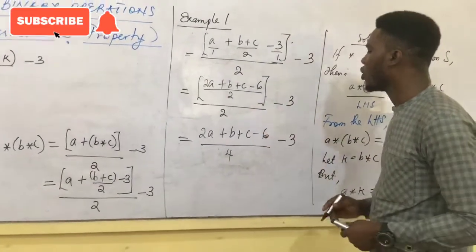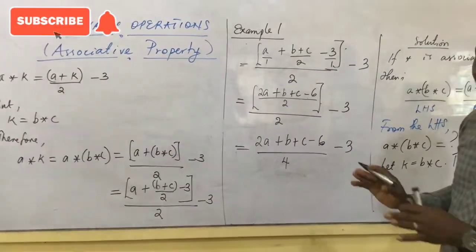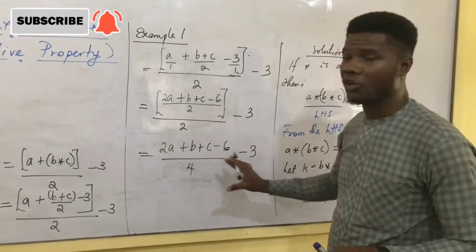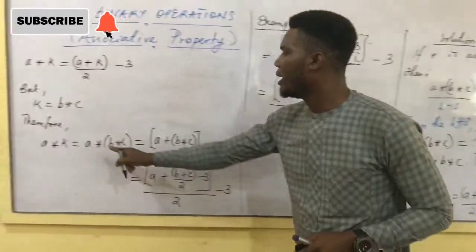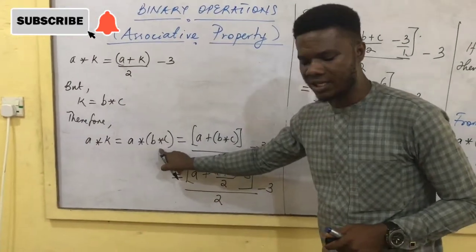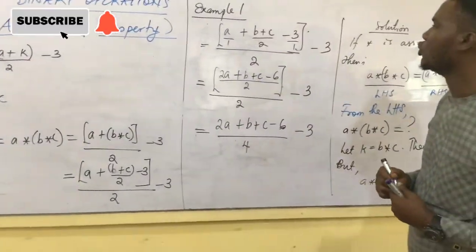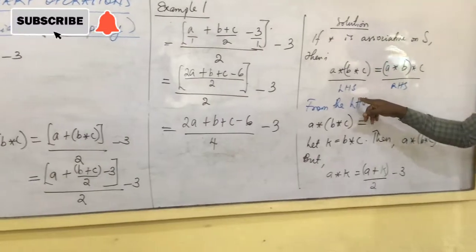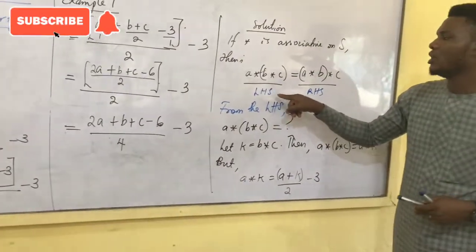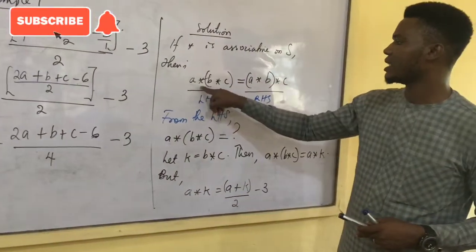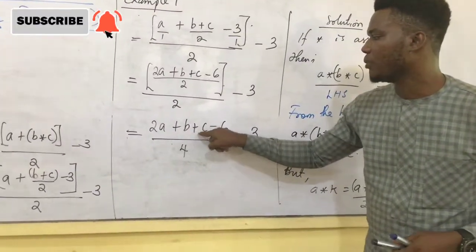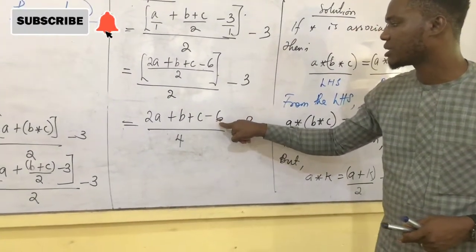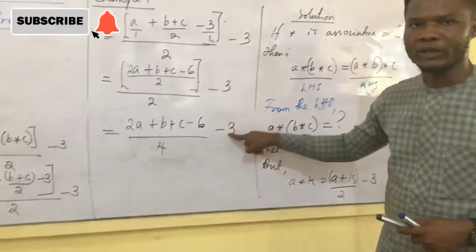So, this can be called a final result for A asterisk B asterisk C. Now, what have we been able to do? So far, so good. We've been able to get the left-hand side. What have we got on the left-hand side? A asterisk in bracket B asterisk C to be 2A plus B plus C minus 6 all over 4 minus 3.